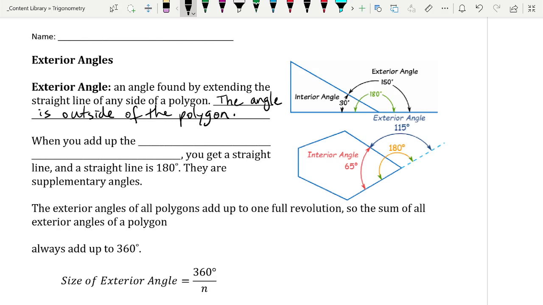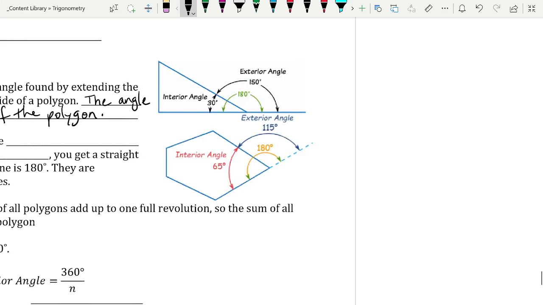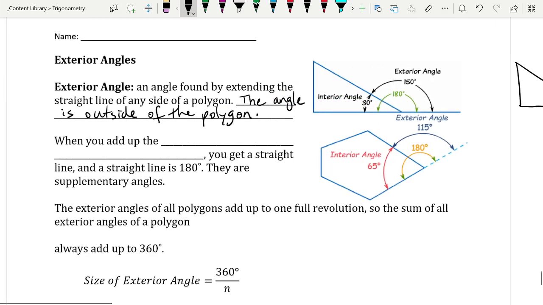So now, if you think about this triangle here, I'll just redraw it. You don't have to redraw it. If you kind of keep that line going, the interior angle is this one, the exterior angle is that one. And what do we know about that exterior and interior angle? Well, together, they make a straight line, so they are supplementary to each other.